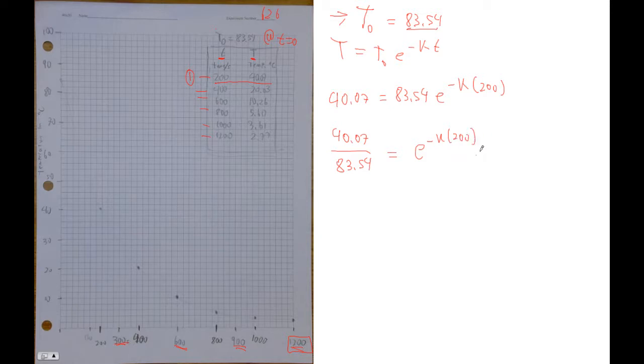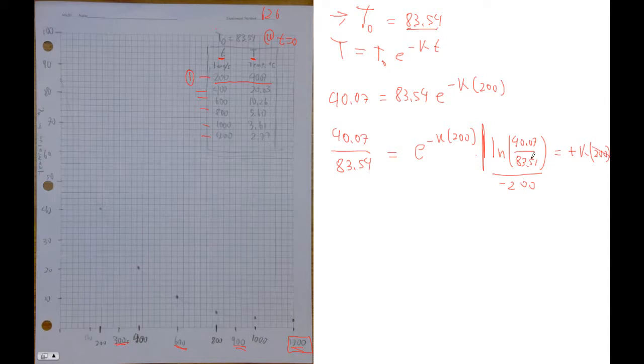Then we could take the natural log of that. So ln of 40.07 over 83.54 is minus k times 200. Obviously if I divide this by minus 200, I'll get k.